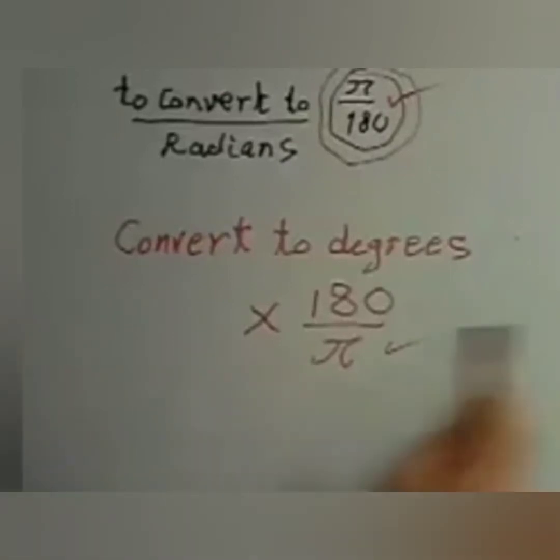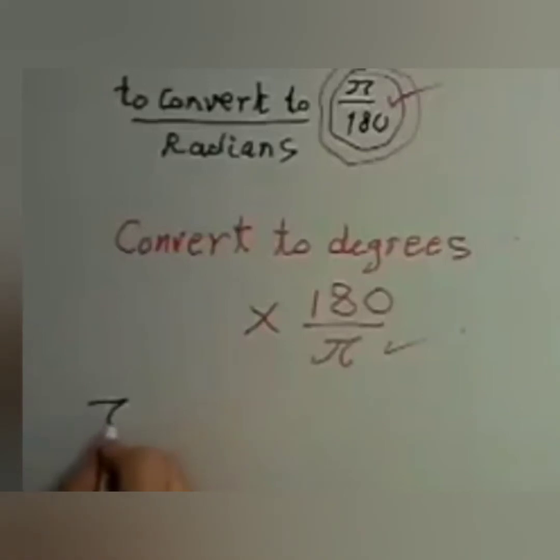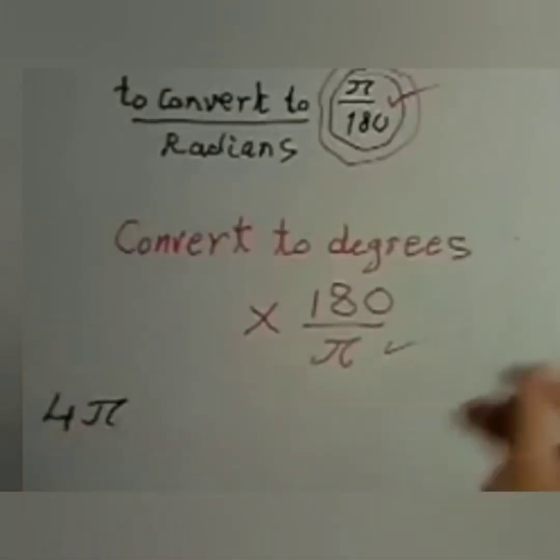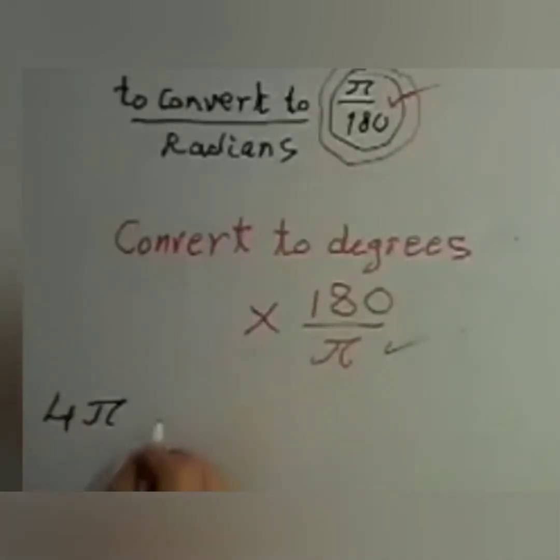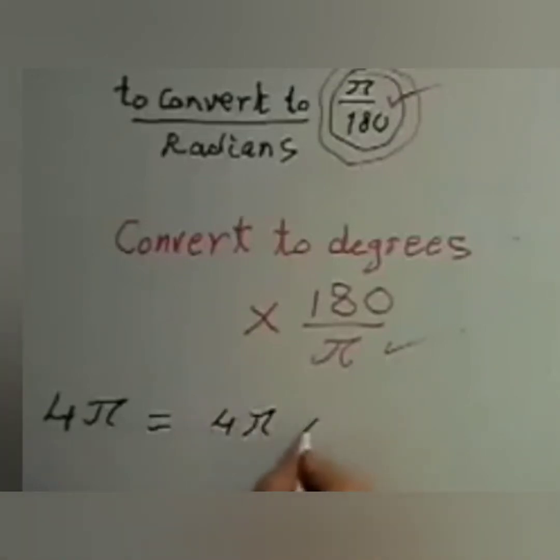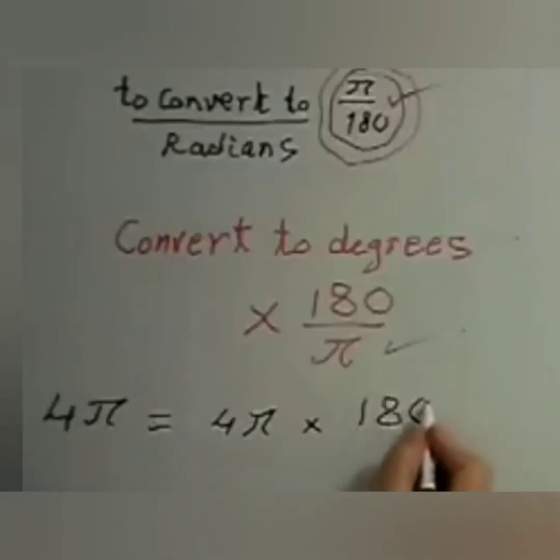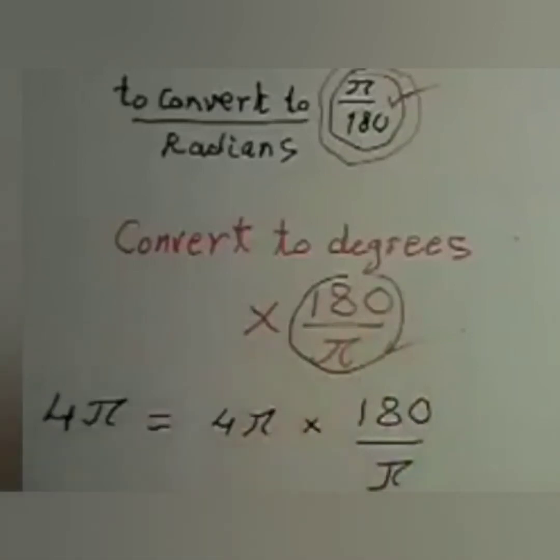Let us do the first angle, 4 pi. We need to convert it into degrees, I mean. So 4 pi times 180 over pi, which is this ratio here.